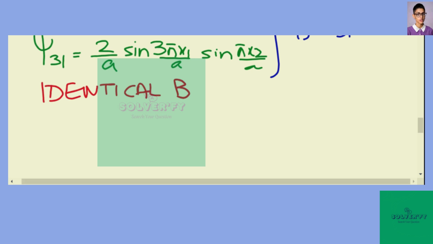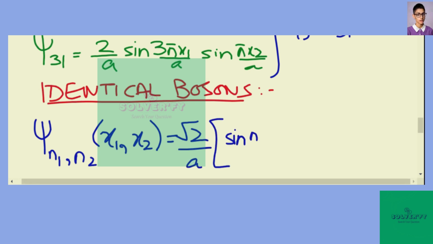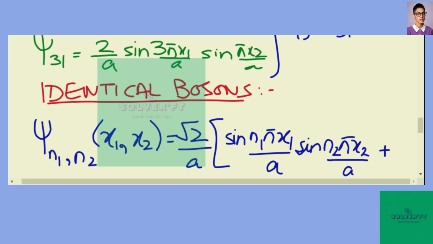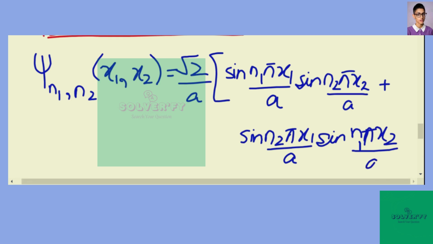So for identical bosons, the total wave function is written in this equation: wave function psi n1, n2 of x1, x2 is equal to root 2 divided by a, square bracket, sine n1 pi x1 divided by a sine n2 pi x2 divided by a, plus, I'm going to write the next term in the next line, sine n2 pi x1 divided by a sine n1 pi x2 divided by a, right?